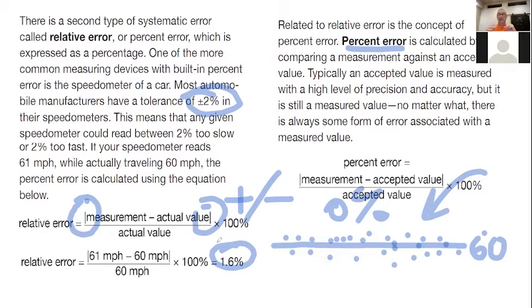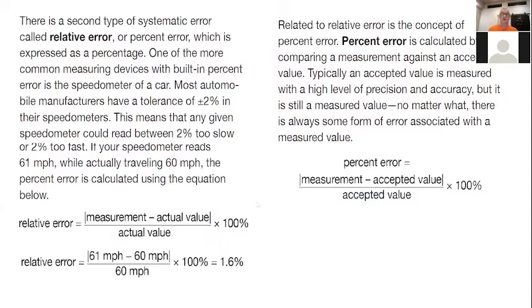And so you could have huge errors, but as long as they were errors going faster and errors going slower, they'd cancel each other out. So we always present errors with an absolute value, because it doesn't matter whether they're greater or lesser. What really matters is how different it is from the actual answer. That will tell us how precise and how accurate our measurements are.